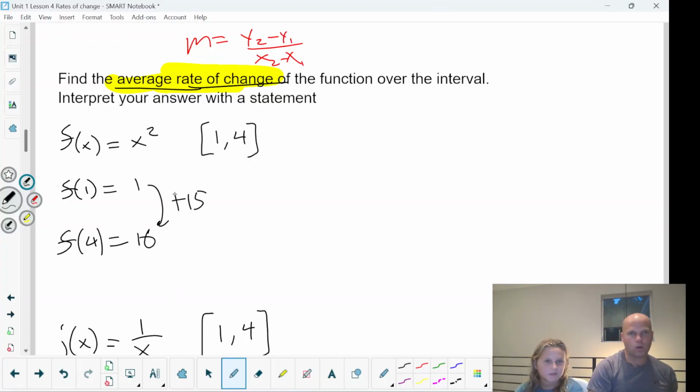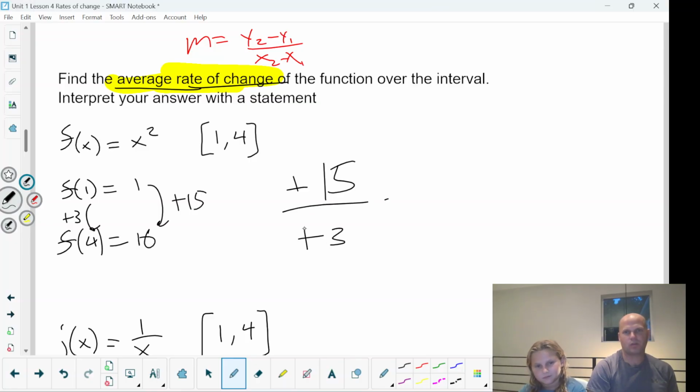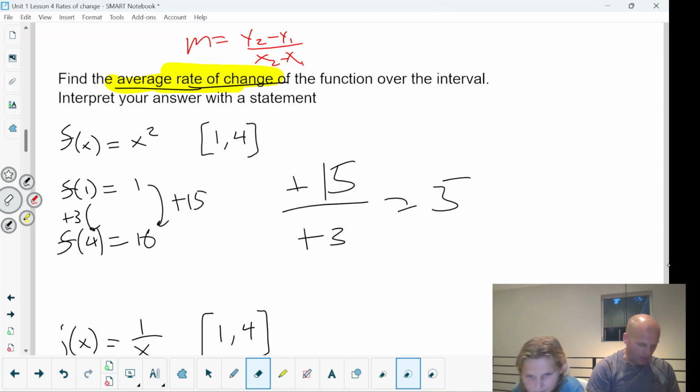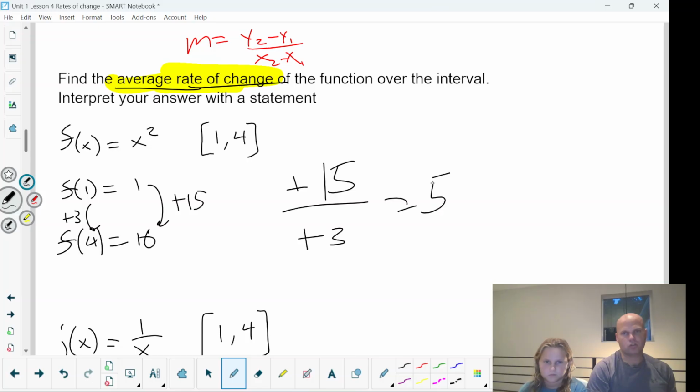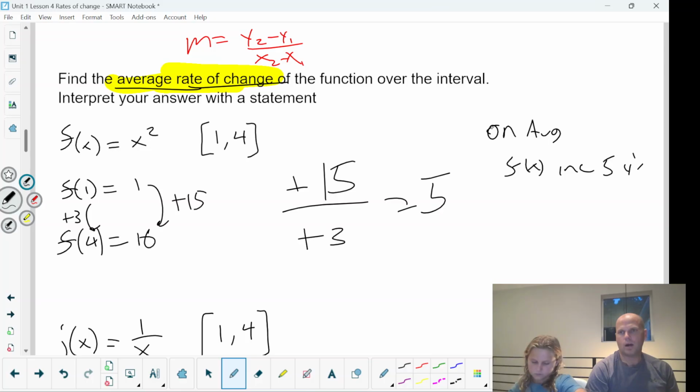And from 1 to 4, what kind of change? 3. So my y's increased by 15, my x's increased by 3. I have 5. On average, f of x is increasing 5 y's per x over the interval from 1 to 4.